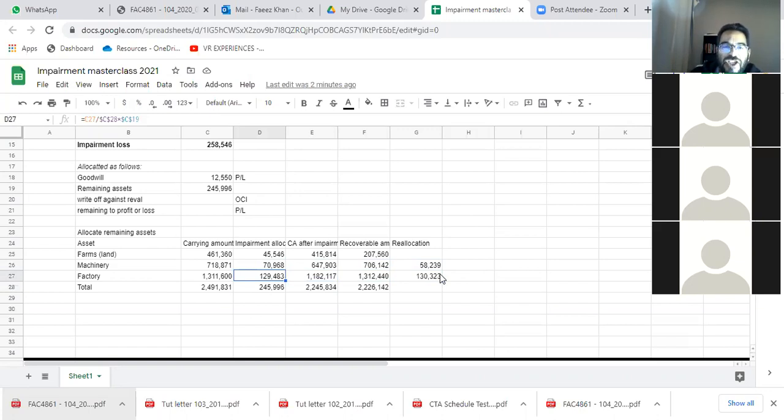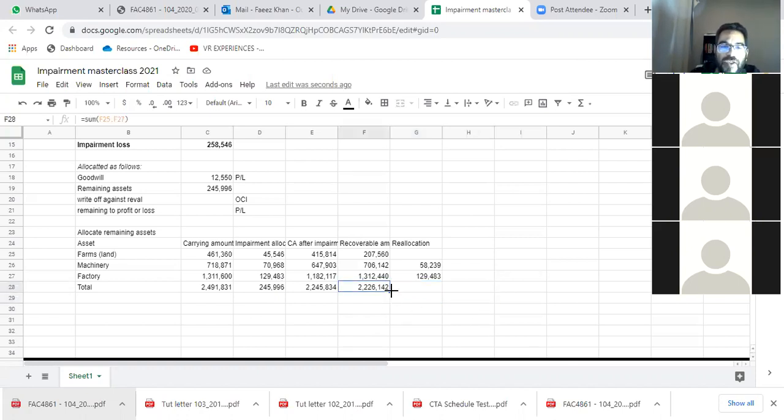Therefore, the reallocation needs to be limited to the initial impairment of 129,483. Okay, so take note. The reallocation, recoverable amount minus carrying amount after impairment, gave us 130. 130 exceeds the initial impairment, so we'll have to limit the reallocation to the initial impairment.